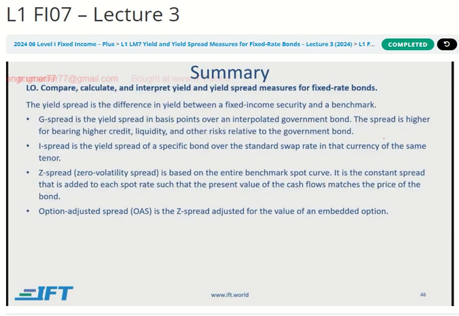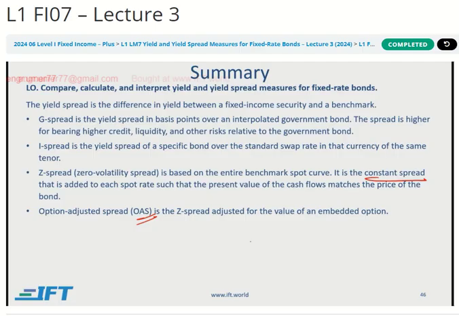And then of course our G spread, our I spread, and our Z spread, which are constant throughout the maturity, and you just add or subtract from them depending whether it is a callable bond or a puttable bond.